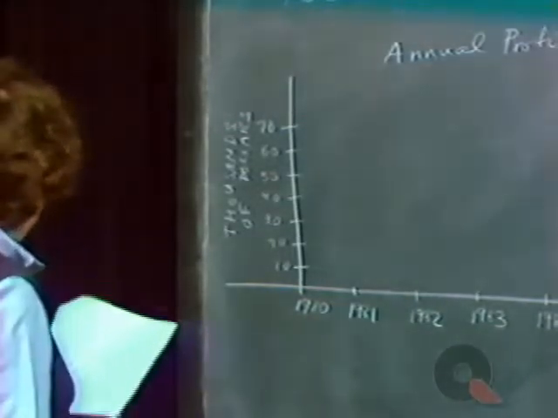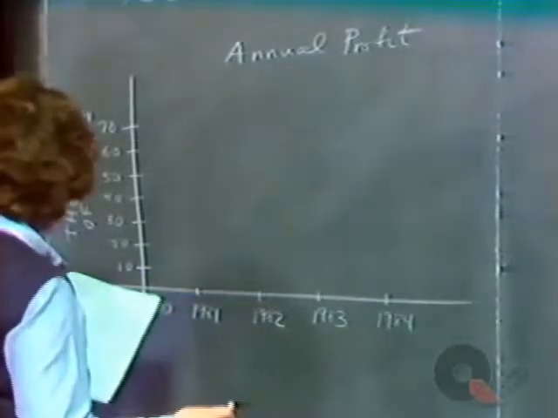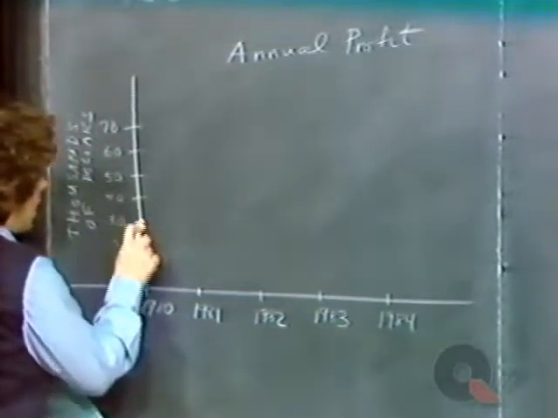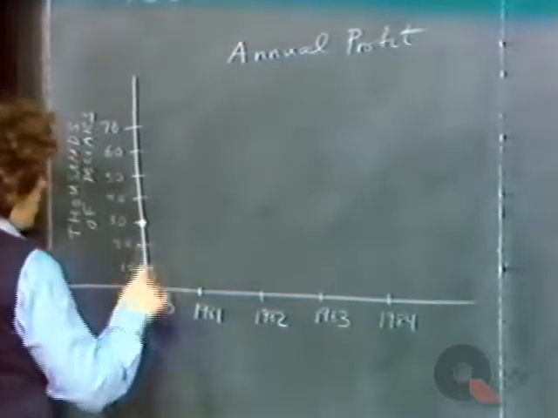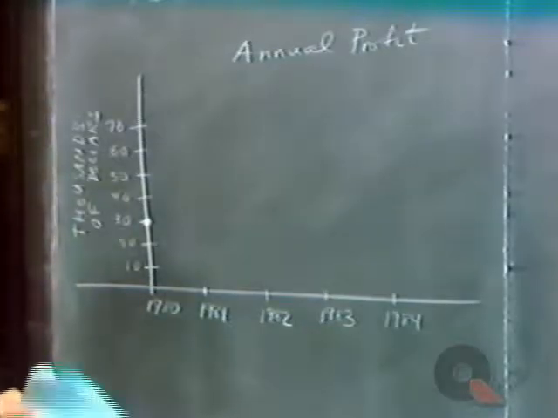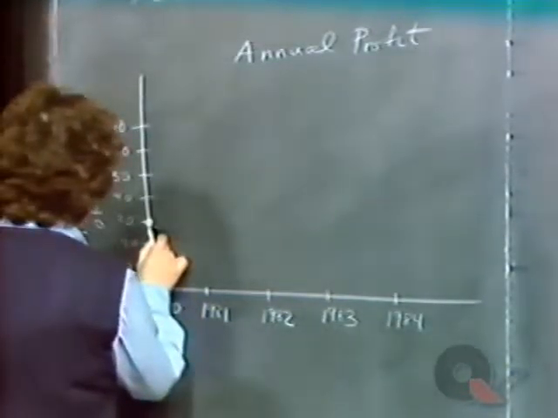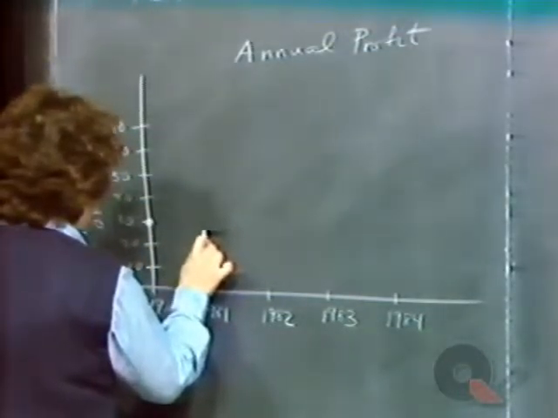Okay, now, going to mark down the following. In 1980, the store's profit was $30,000, and I'll indicate that by a dot here. In 1981, the profit was $25,000, in between, like so.